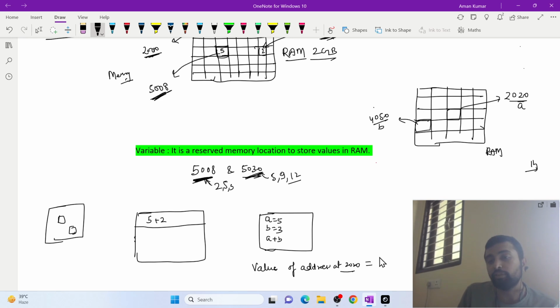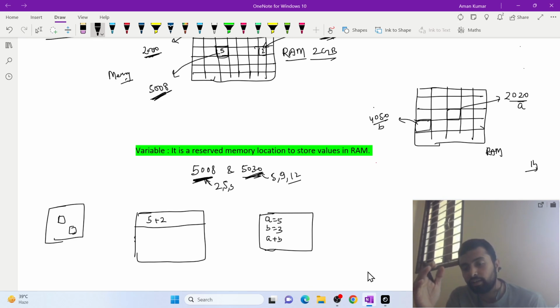Okay, so this will then give you 5. And similarly when you write give me value of address 4050, this will give you 3. So what happened is that the address takes a long word. But this A is an alias, an alias to this memory location or memory address.